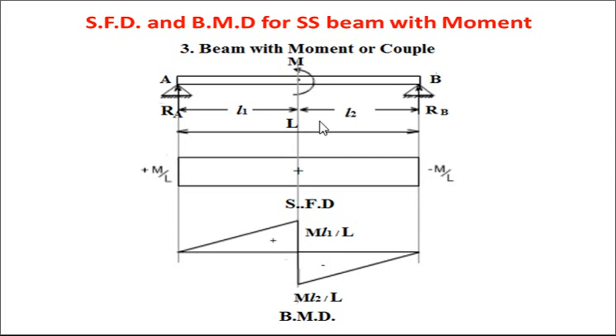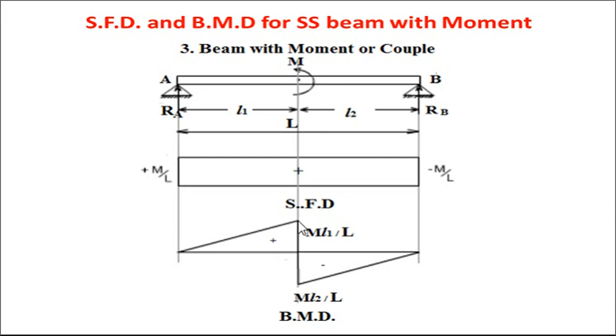And then at the center, you want to find out the moment at center. So it is plus M by L into L by 2. That will be the moment. Plus M by L is the reaction into L1, so M by L into L1 will be the upward ordinate, and M by L into L2 will be the downward ordinate.